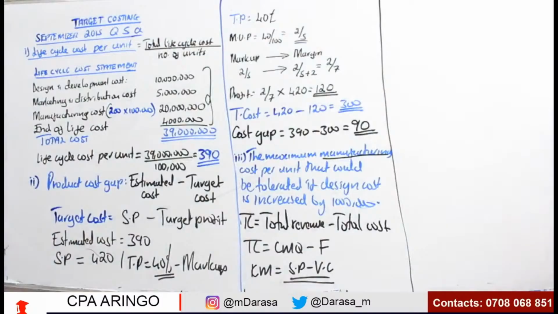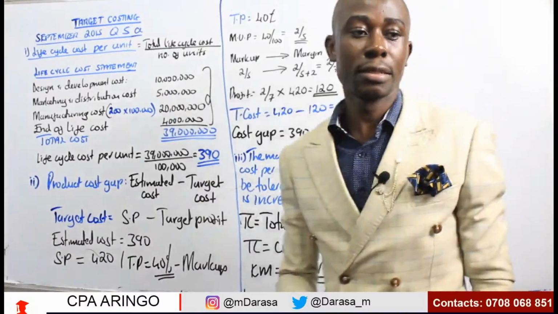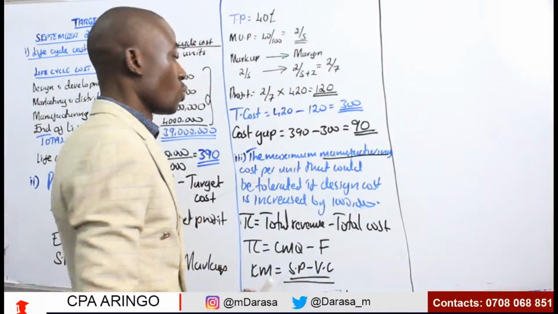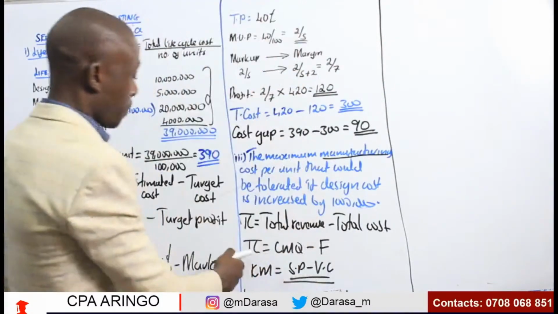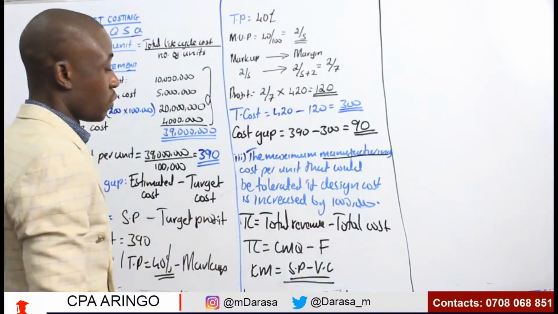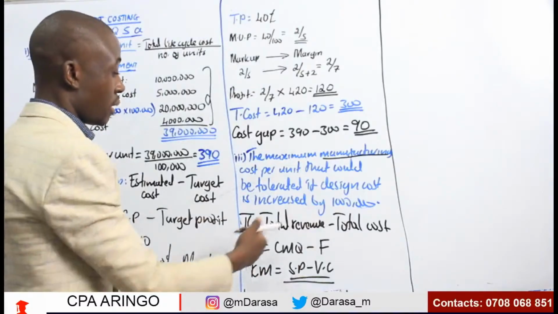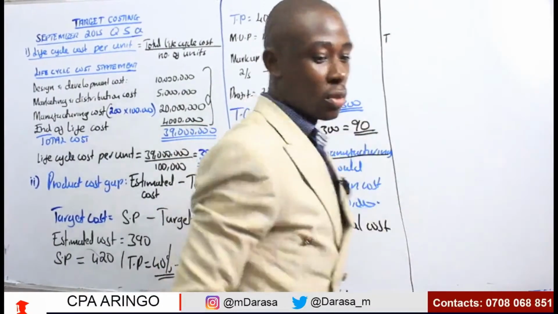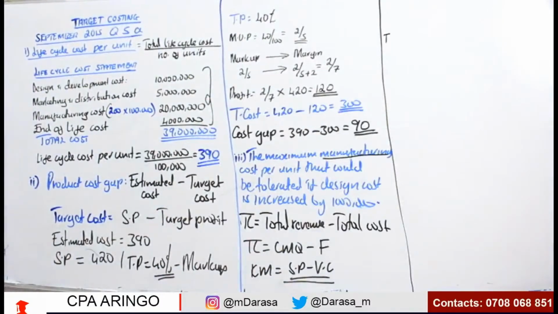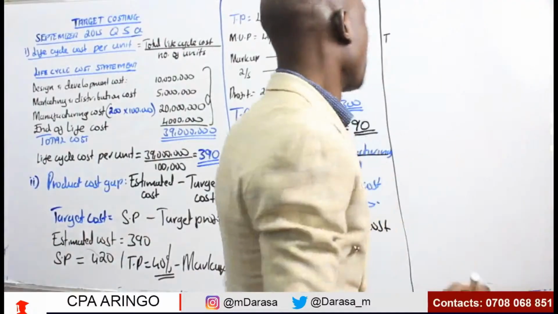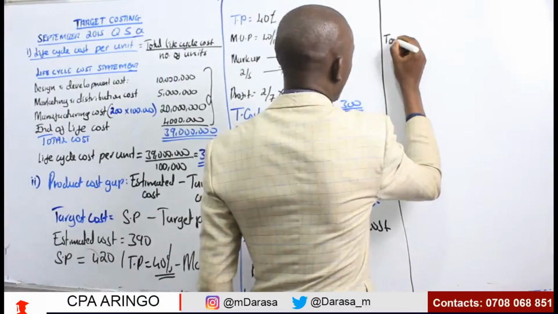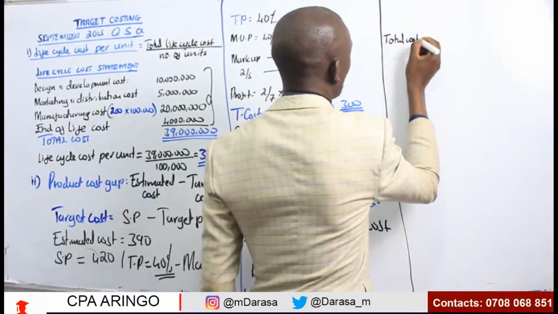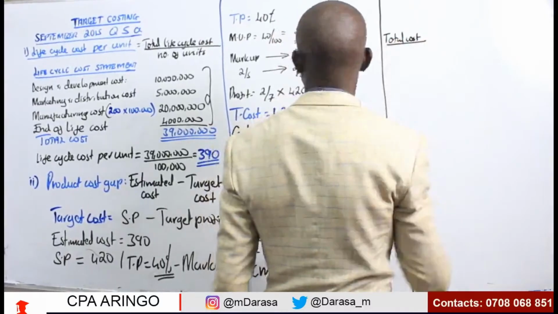So how are we going to handle that? This is what we should have: my profit. First of all, let us analyze our total cost.